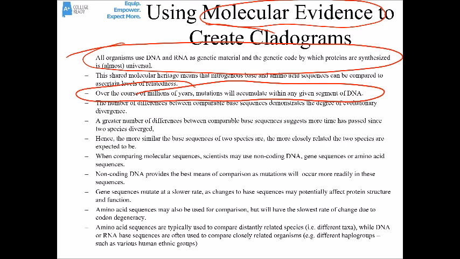Oftentimes when scientists look at molecular sequences, they use the non-coding gene sequences or the intron sequences. And the reason they choose those is because mutations in the genes oftentimes lead to changes that can cause death. And so the mutations aren't passed on as often in the coding, the exons. But the changes in the intron sequences aren't usually as severe. Organisms can live. Mutation rates are higher there.